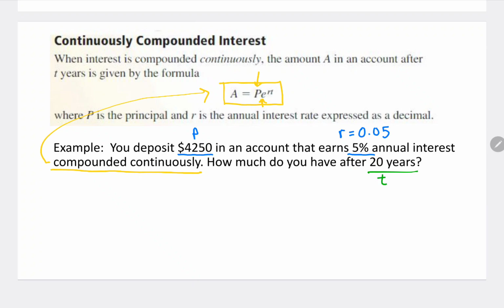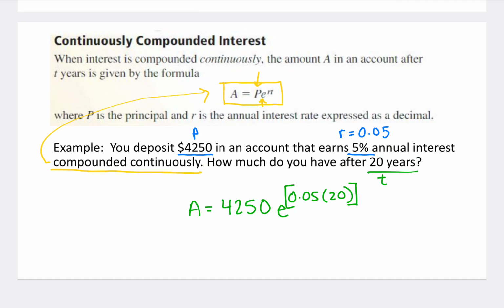That's the time. So A equals, the principal is 4,250, e to the rt power. When you're typing this in your calculator, just be careful. We want this whole thing to be raised, or to be the exponent. So if it's helpful to calculate 0.05 times 20 first, you can do that first.